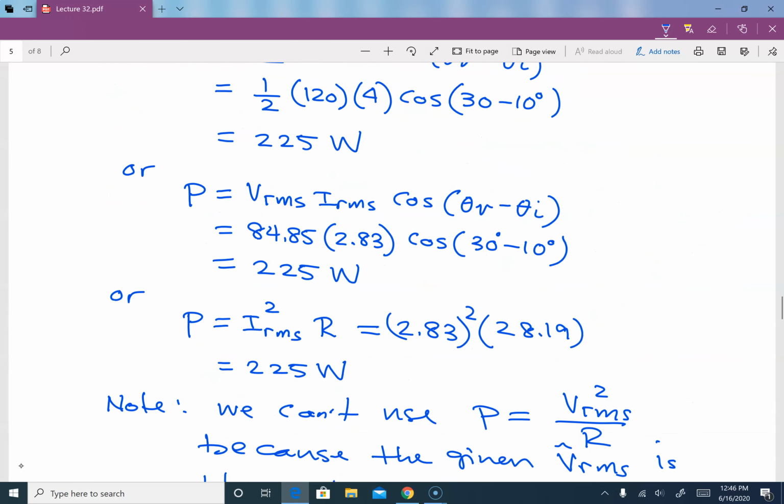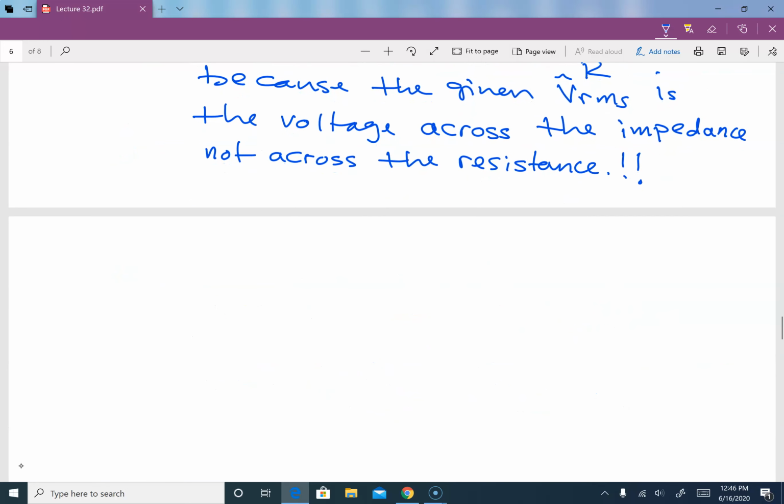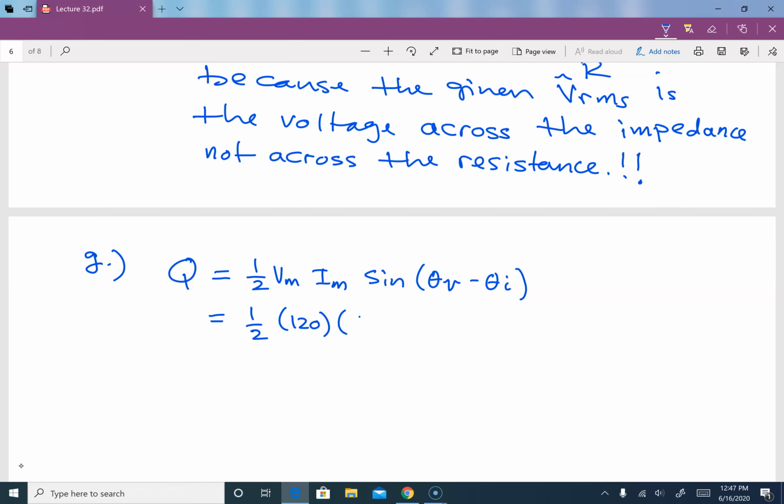And then the last part, which is G, that is the reactive power. So our Q is equal to, you can use 1/2 Vm Im sine of theta V minus theta I, and that is 1/2 times 120 times 4 sine of 30 minus 10, and that will be 82.17 volt ampere reactive.